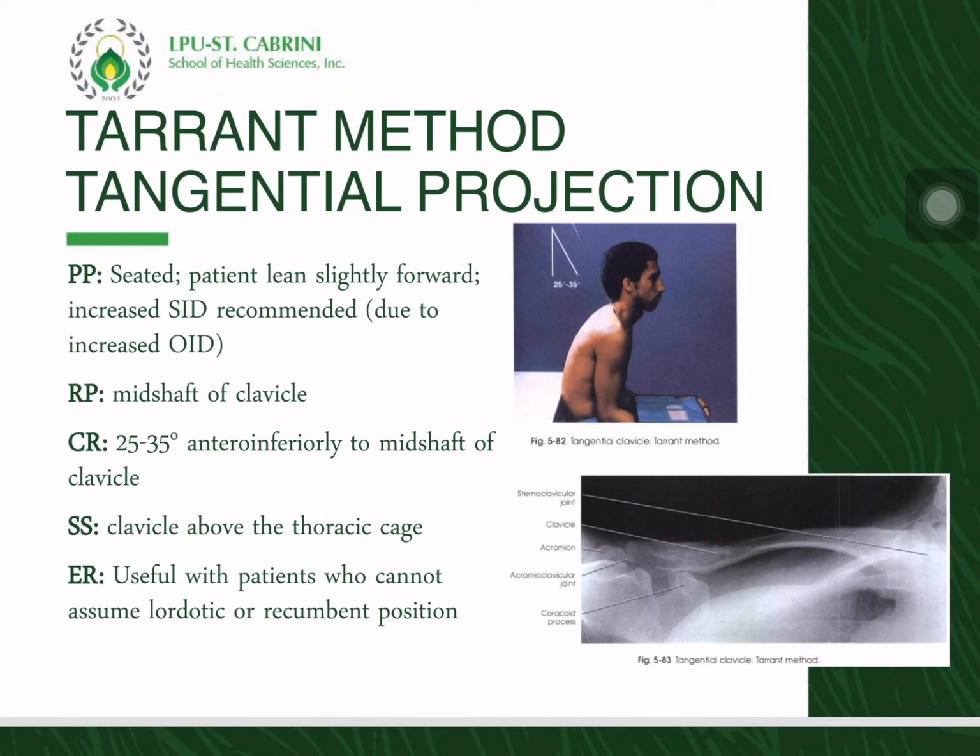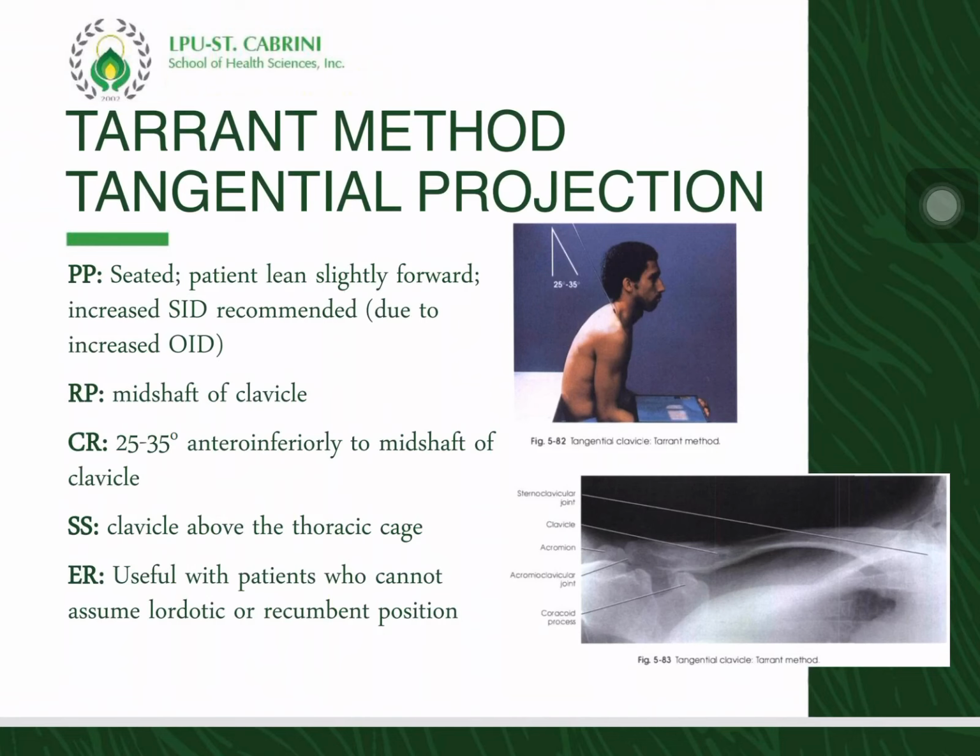If a tangential projection of the clavicle should be obtained, but the patient can't assume lordotic or recumbent position, Tarrant method may be performed. So for this, the patient is in seated position, leaning slightly forward while grasping on the cassette.